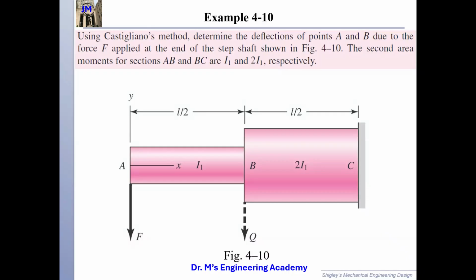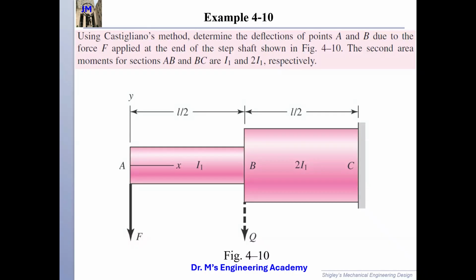So Mz equals Fx. However, for another interval, from half L to 2L, we have a fictitious Q here.